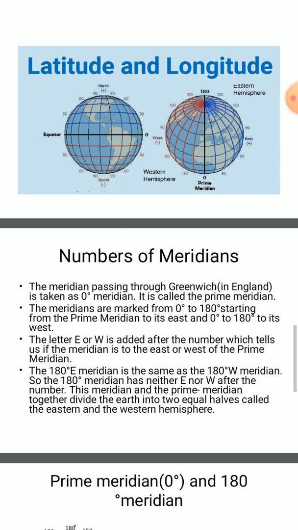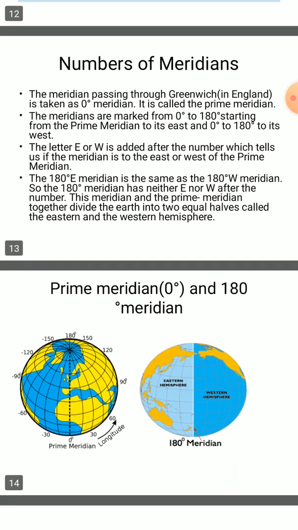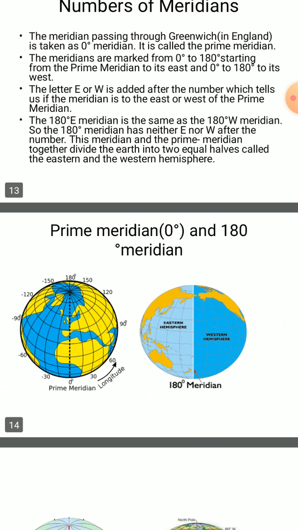There are 180 meridians on the west side and 180 meridians on the east side of prime meridian. This makes a total of 360 meridians.